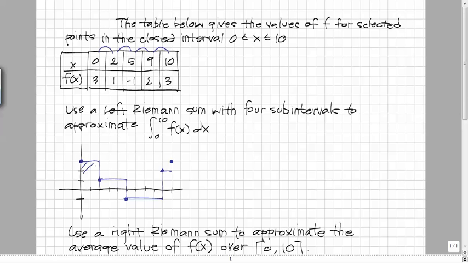The areas in these rectangles that are above the x-axis are positive areas, and we'll change color to red to show that the area that's below the x-axis is going to be a negative area.